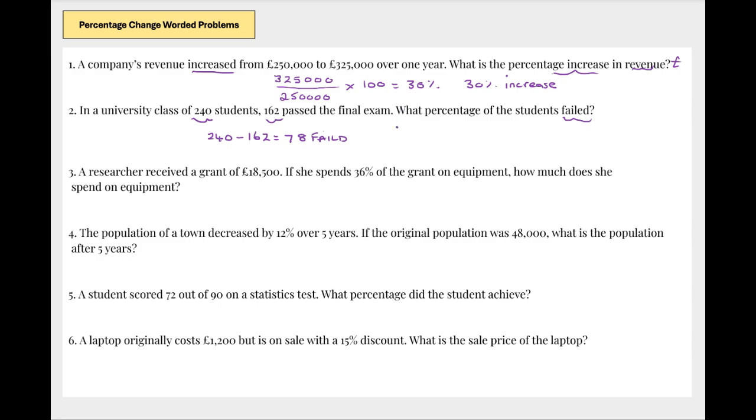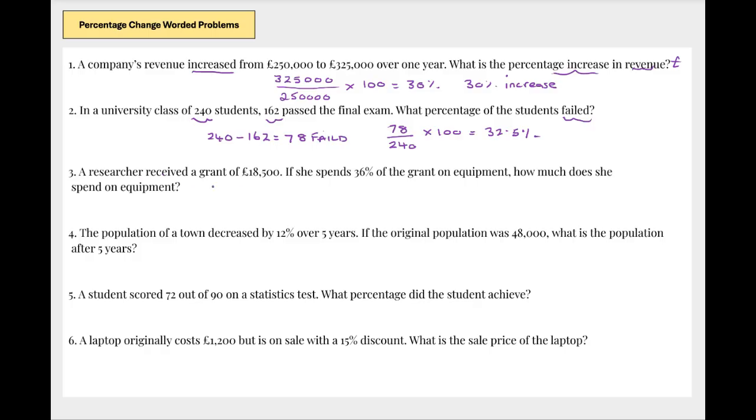So we're going to do 78 back to our 240 students, because that's how many it's out of that failed. And we're going to times it by 100, which gives us 32.5% of students failed their exam.